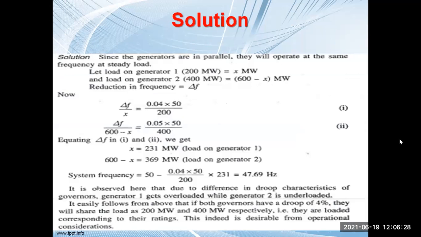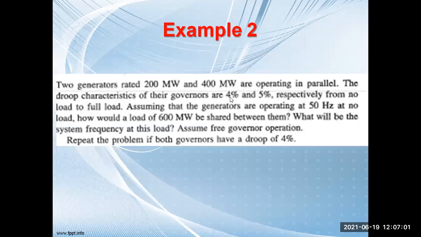The load on generator 2 is the remaining part, so total load is 600, that is 600 minus X. Now let us say there is a reduction in frequency, delta F. Due to this operation, there is a change in the frequency, and that change is delta F. So you see, delta F by X. How are we calculating delta F? It is R into F, where R is your droop characteristic, 4%.